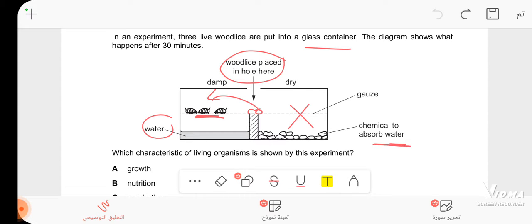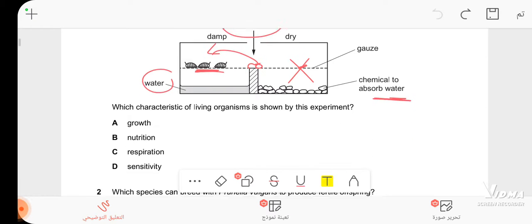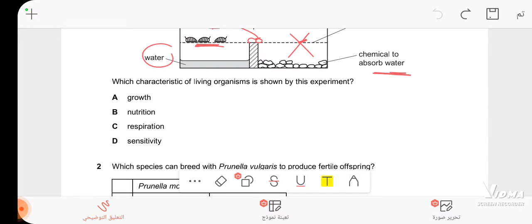So what happened to the organism here? I think the organism felt that there is no water in this dry area, and moved to the area which is rich in water.